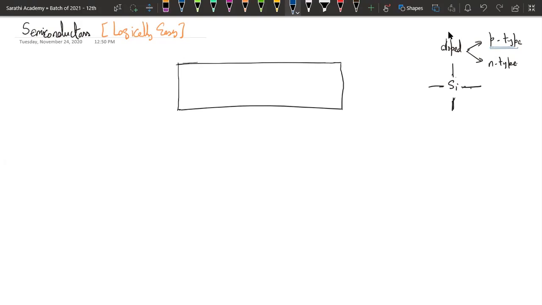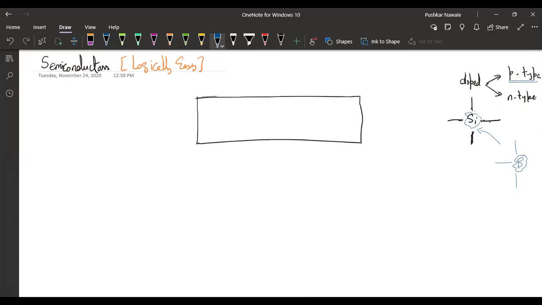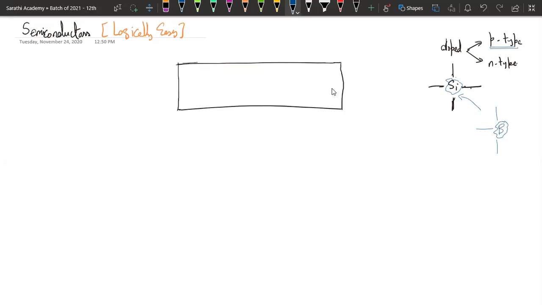Now p-type means what? You introduce an atom replacing silicon, which has only three valence electrons, like boron. So you're replacing the silicon with boron, and due to this, one hole is created here.